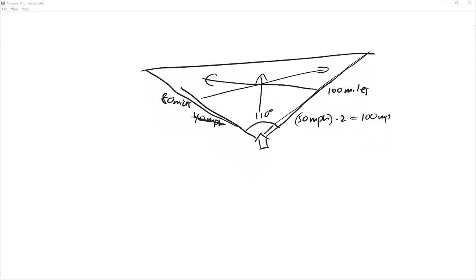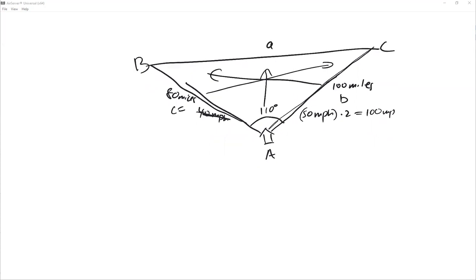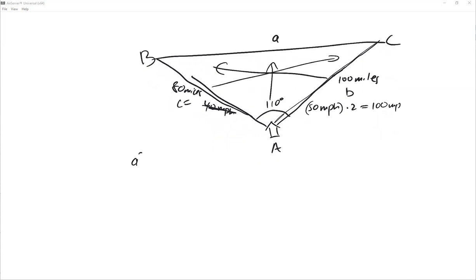So this is A, that's what we're looking for. This is small b, and let's call this small c. So A squared is equal to b squared, which is 100 squared, plus 80 squared, minus 2 times 100 times 80, cosine 110.